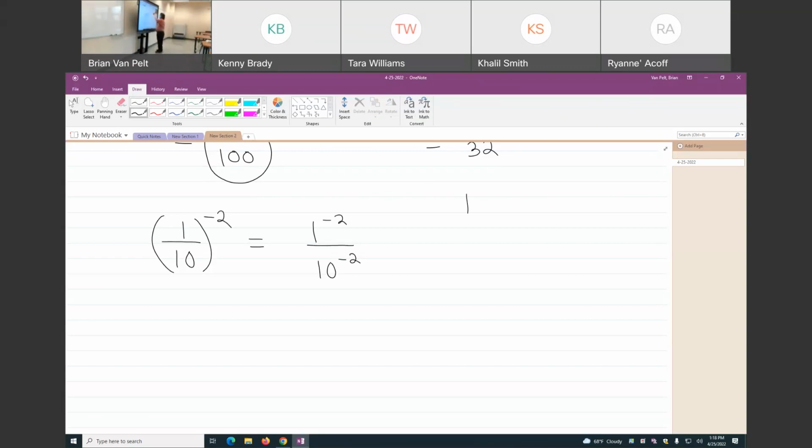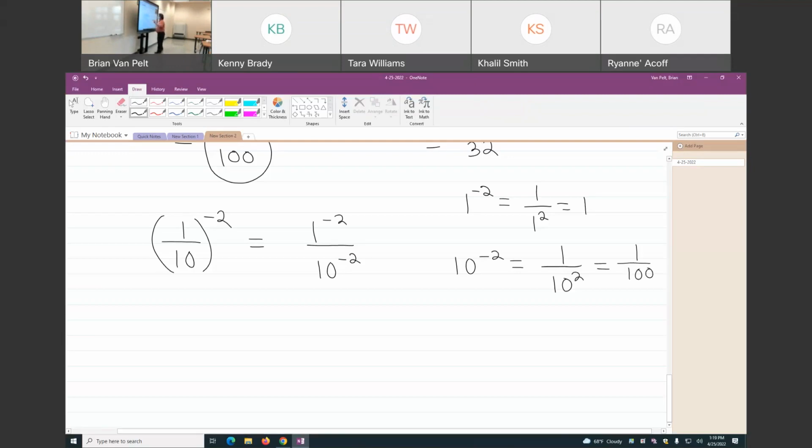We know that 1 to the -2 equals 1 over 1 squared. This is just 1, isn't it? Yes. All right, what about 10 to the -2? That's 1 over 10 squared, which is.